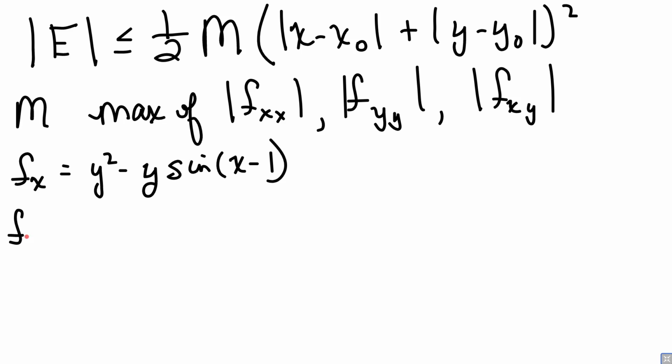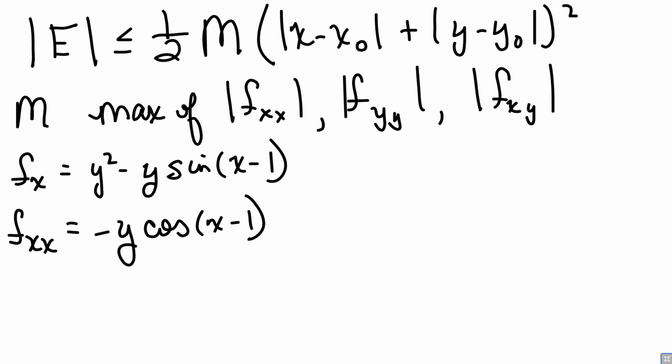So if I find the second order partial with respect to x, what would I end up with? A negative y cosine of x minus 1. So negative y times the cosine of x minus 1.